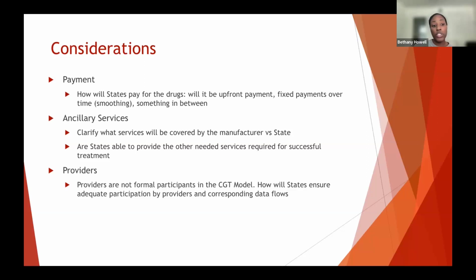It's also important to note that providers are not a formal list of participants in the model. There's really no discussion around how providers are involved, and it's important that they are involved because we want to ensure that they participate and that we get the data that we really need out of a model like this to make sure that it's effective. Next slide.